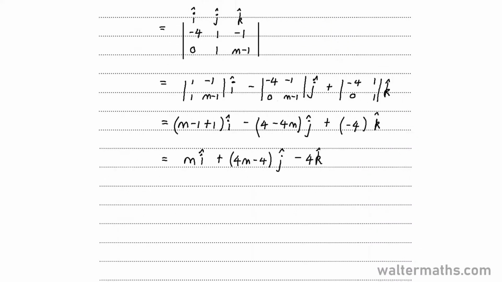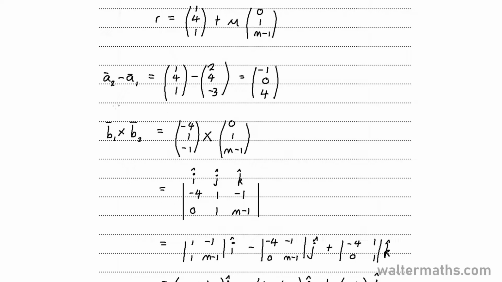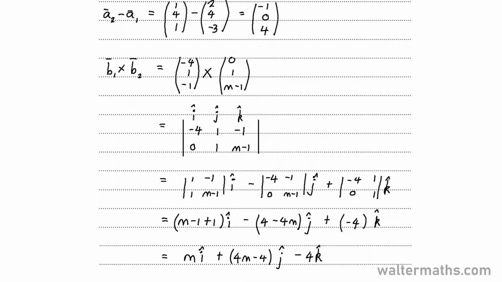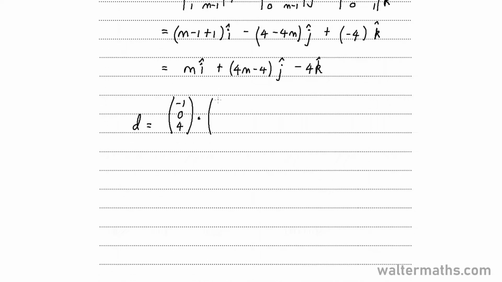So now we can apply the formula. We're saying the perpendicular distance will be equal to, and here we're going to take A2 minus A1, which is (-1, 0, 4), and it's dot, and we take B1 cross B2, which we got to be (m, 4m minus 4, -4).